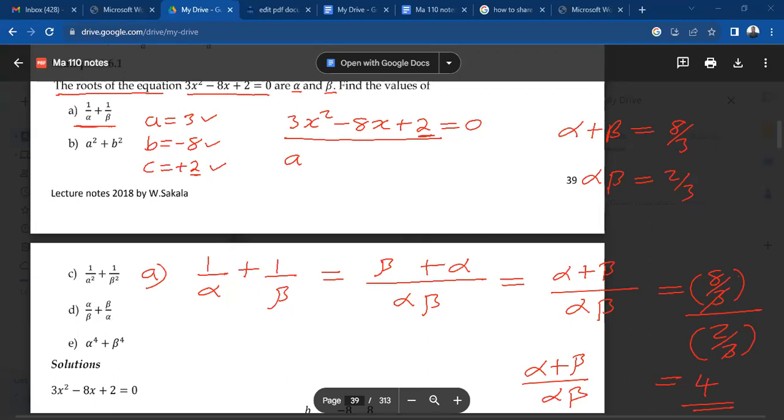Where is the problem? When you did this, you got alpha plus beta, and then this whole part. When you start substituting values, I get alpha plus beta, but what I don't understand is when you start substituting values.